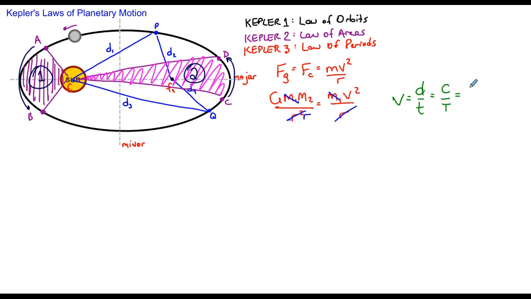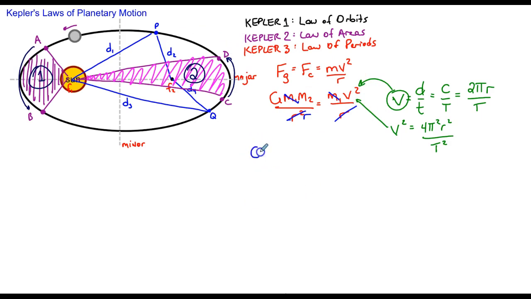The circumference of a circle is 2 pi r. So I'll write it as such. This becomes 2 pi r over period. Therefore, if I want to substitute v squared, I can either square that or let me just go ahead and do that right now. V squared becomes 4 pi squared r squared over period squared. And then that expression is going to get substituted in for v squared in the next step.